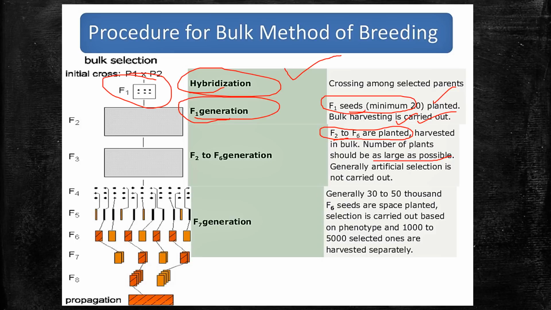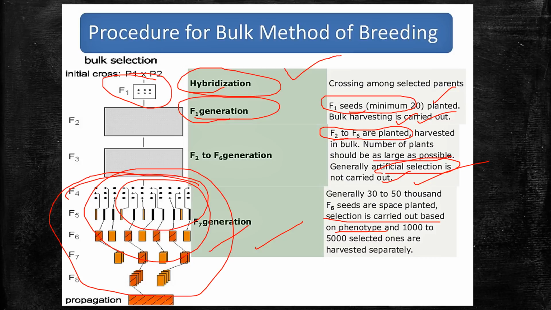Usually artificial selection is not carried out here. You continue till the F6 generation, and in the F7 generation you segregate the best possible varieties. That is, selection is carried out based upon the phenotype of this group. You select plants from this group and isolate 1000 to 5000 selected plants, and they are harvested separately.